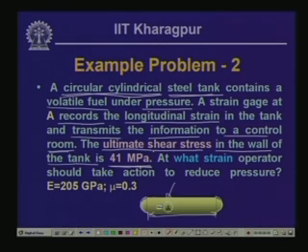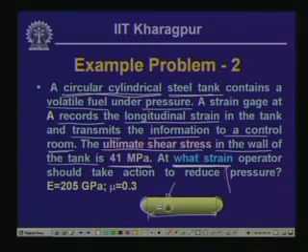What you will have to find out is, for the operator operating this system, who is getting a constant record of the strain at the control room, at what strain he should reduce the pressure, so that the stresses in the vessel do not go beyond its limiting capacity. So, that is what is being controlled.